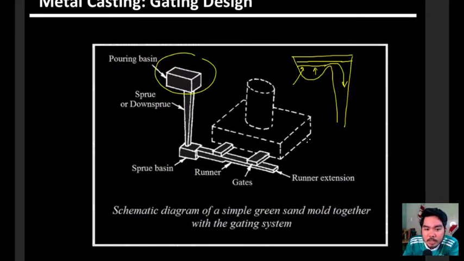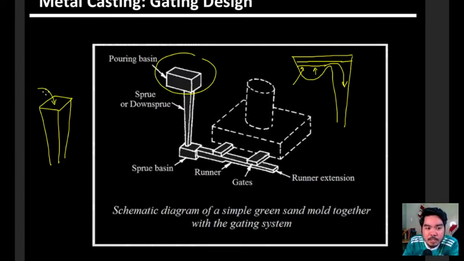Some designs, lalo na pag medyo rudimentary lang yung kinakast nyo, pwedeng wala ng pouring cup at all. So pwedeng from the wari ganyan, diretso na siya. So you can pour directly into the down sprue.